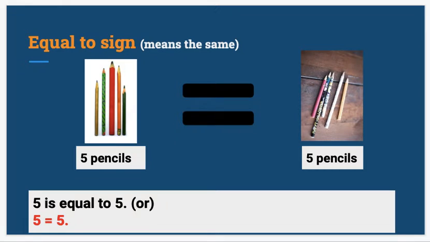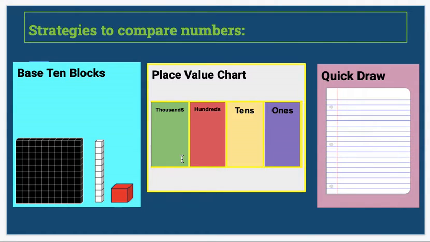Now let's look at some strategies, because today we are going to compare two-digit numbers. Tomorrow we will do three-digit numbers. What are the different strategies we can use to compare numbers? We can use base 10 blocks. When numbers become big, it's easy for us to bring out our base 10 blocks and compare, or we can use our place value chart.